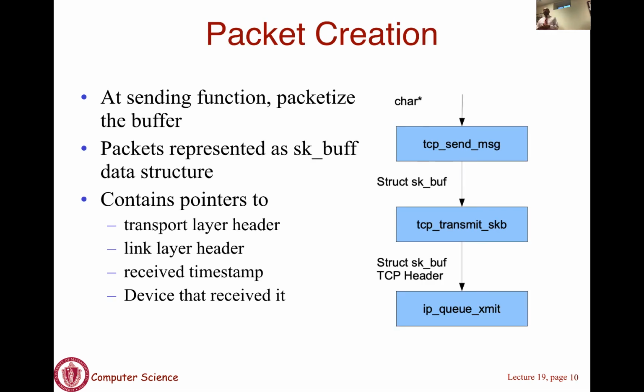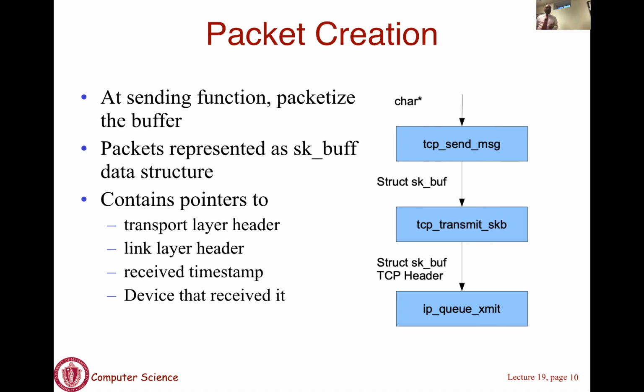Okay. So now let's talk a little bit about how packets are created and sent and so on. So you have essentially the TCP send message function, which is used to send a TCP message. It uses a socket buffer data structure. So your network packet is essentially copied into a socket buffer, and then you send it to the TCP transmit function, which is then going to put it on a queue for transmission.